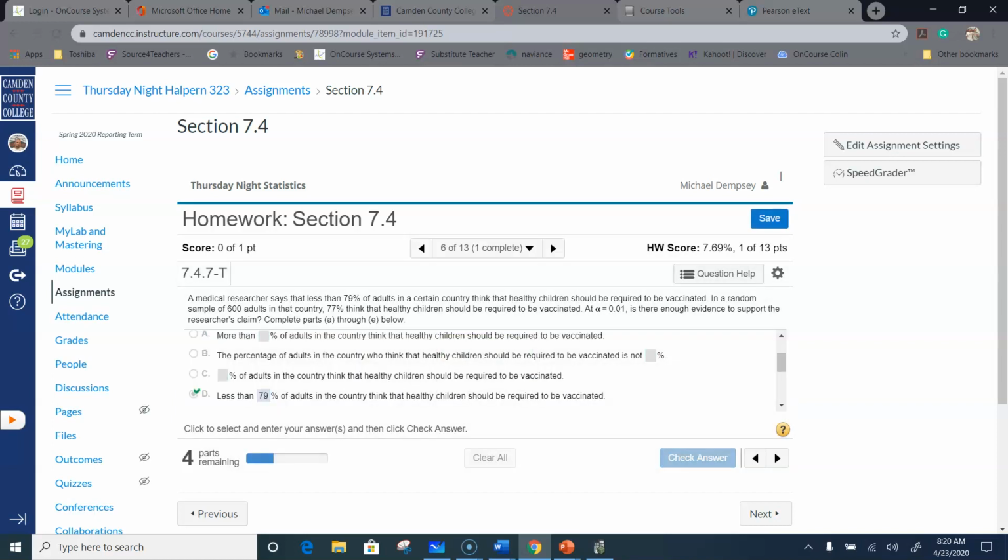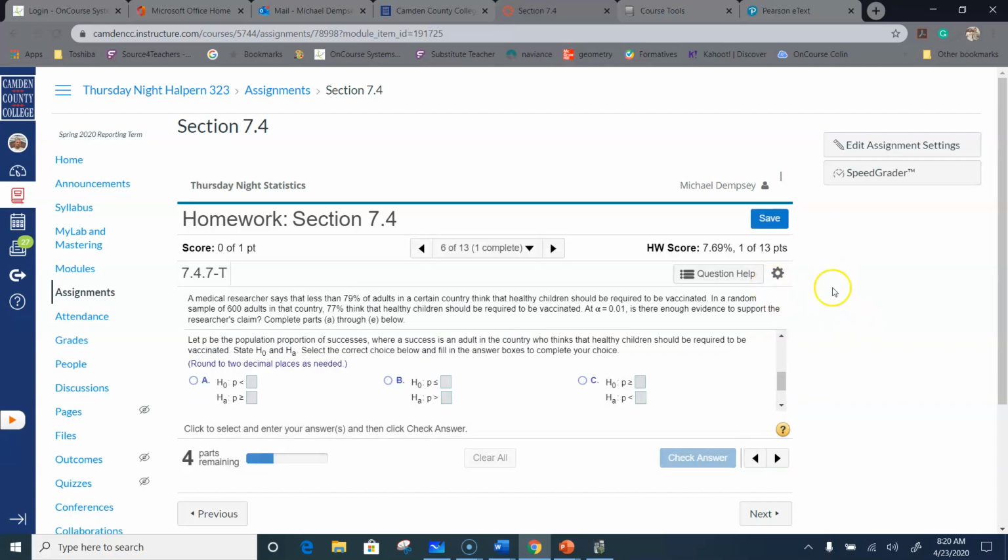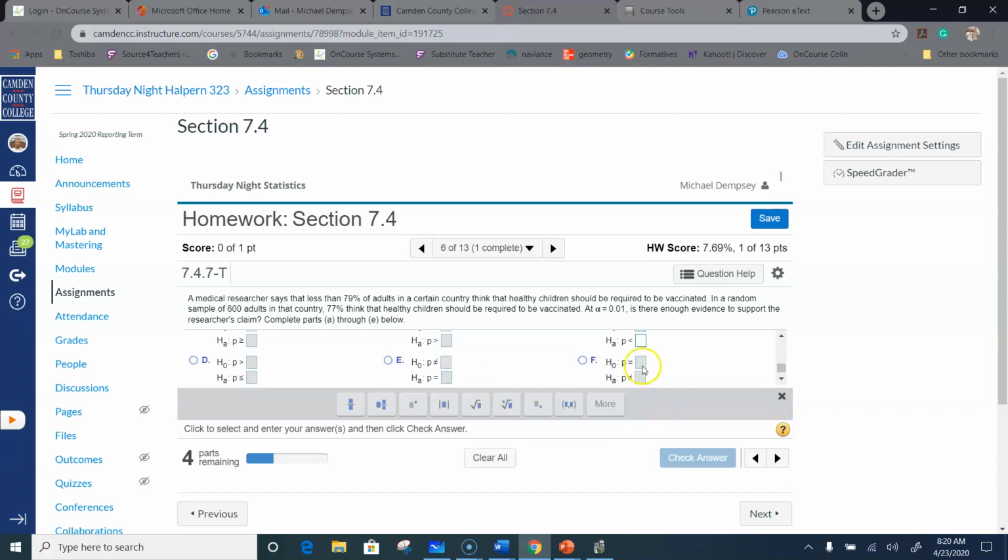Okay? So now we want to frame that as a null and an alternate hypothesis. So remember, our null hypothesis always has to have an equal sign in it. So we would never do anything with letter choice A here. Okay? Remember what his claim was. He was claiming that this is less than 0.79, less than 79%, right? That's his claim. So that's the one I want. I want that less than.